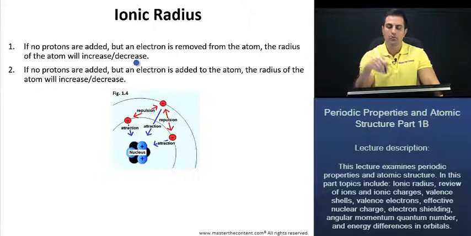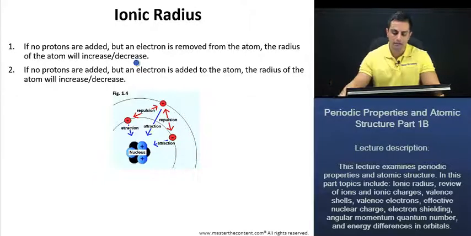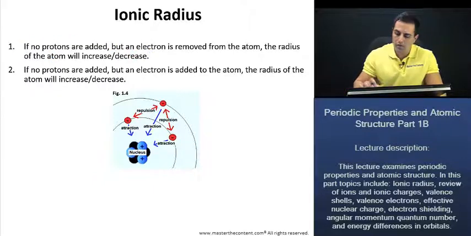Now, before we move on, let's consider this for a second. We have to recall that electrons have repulsive forces, and in contrast, an electron and a proton have attractive forces. Coming back here, if no protons are added, we're not changing the attractive force. But an electron is removed.